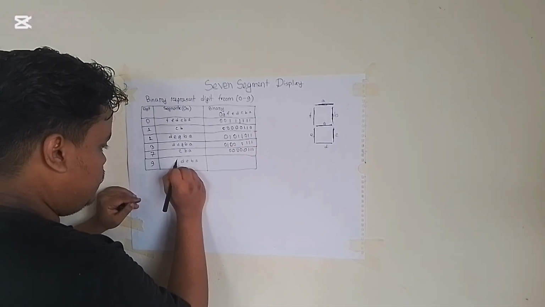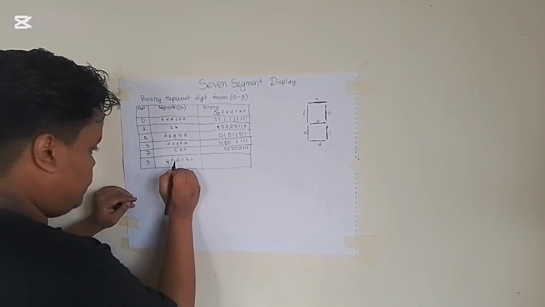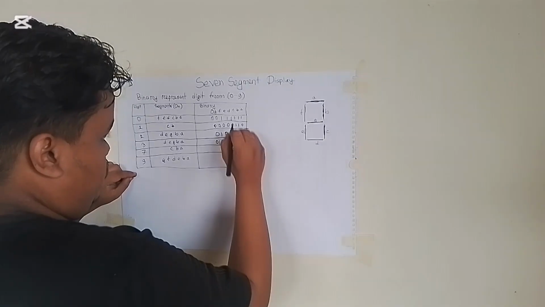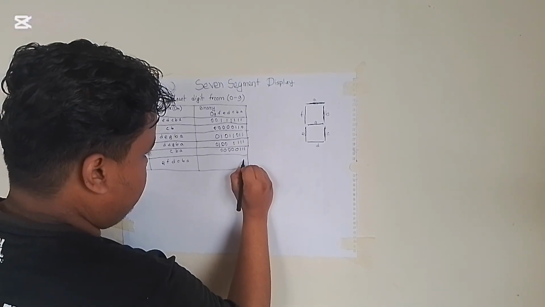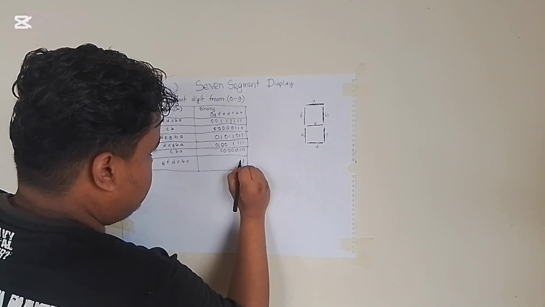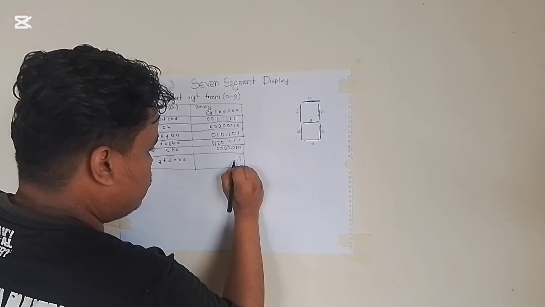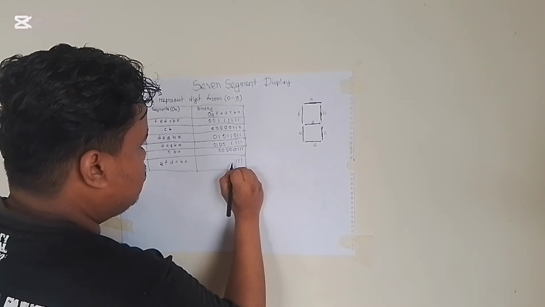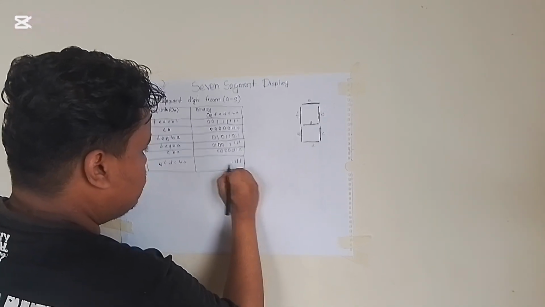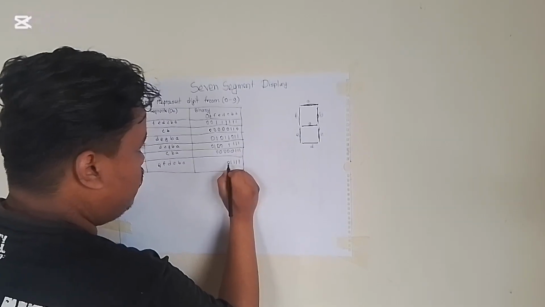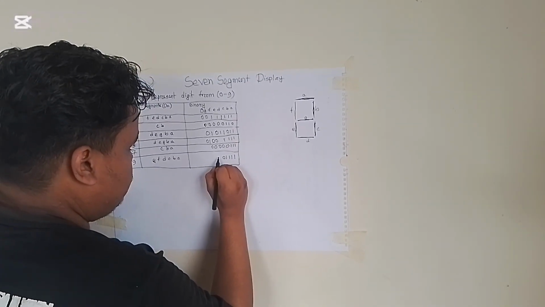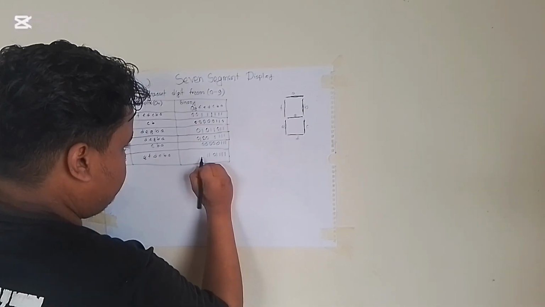So the left segments are F, G. So we write here the binary: A segment on, B segment on, C segment on, D segment on, E segment off, rest of the segments on.